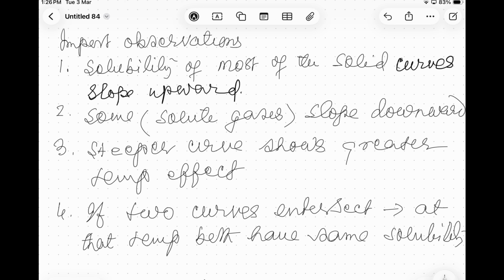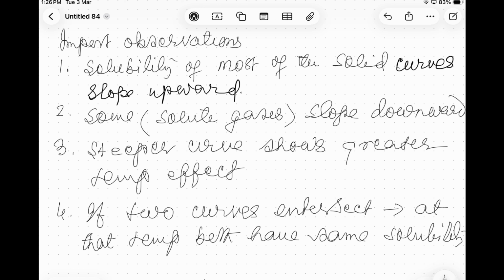Just watch the graph. You will find most important observations. Most solute curves slope upwards. Some, at least gases, slope goes downward. Steeper the curve shows greater the effect of temperature.